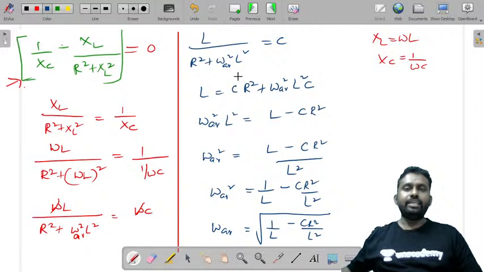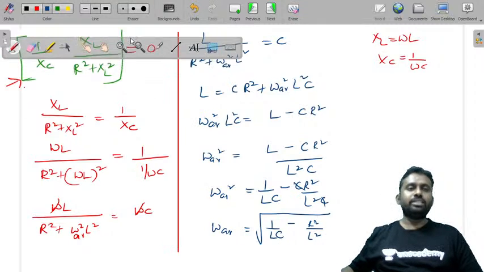You also have a C here, so this is L square C. This is 1 by LC minus CR square by L square C. C gets cancelled, so you don't have a C in the second term. So omega AR is equal to root over (1 by LC minus R square by L square).